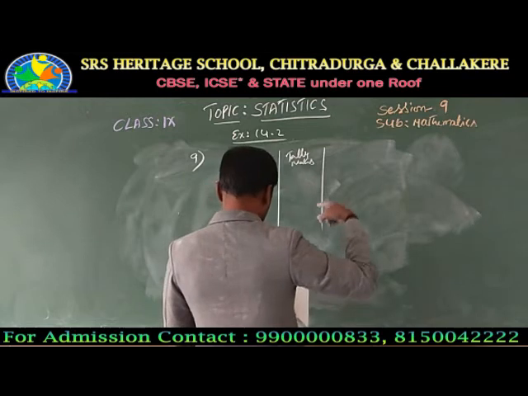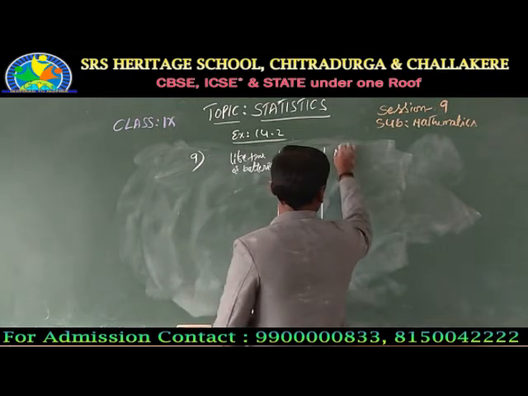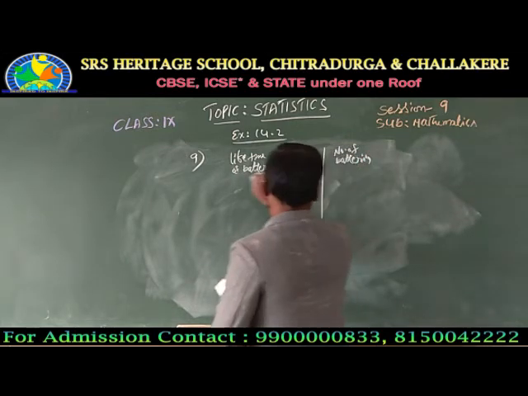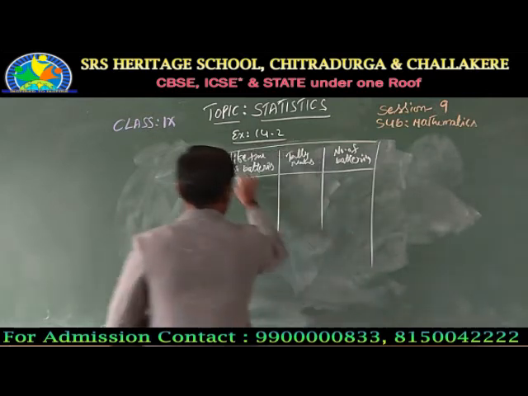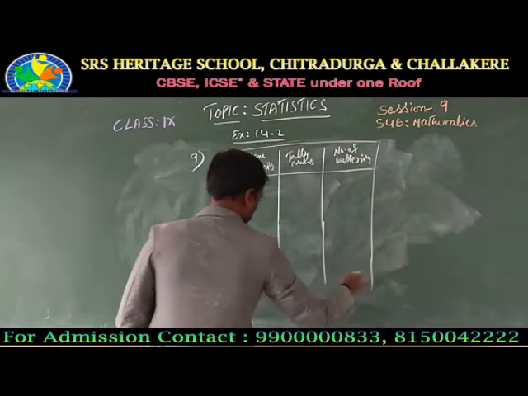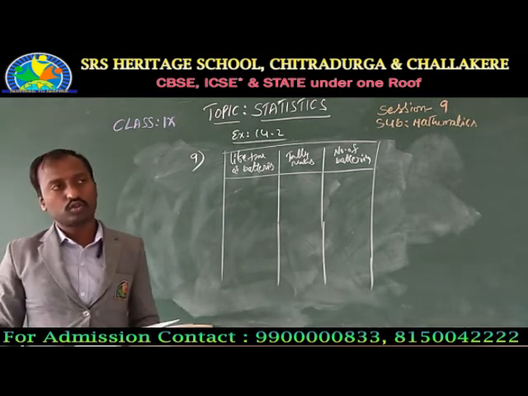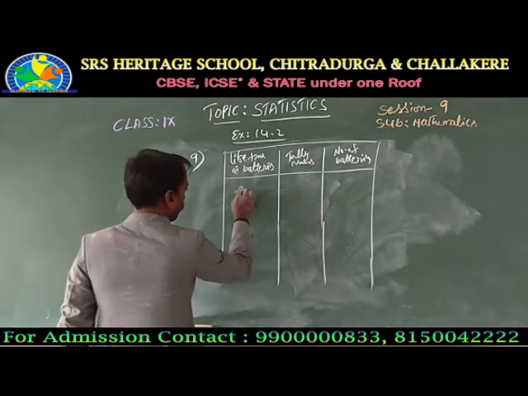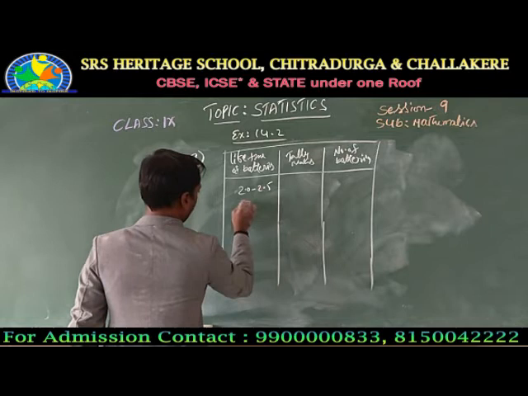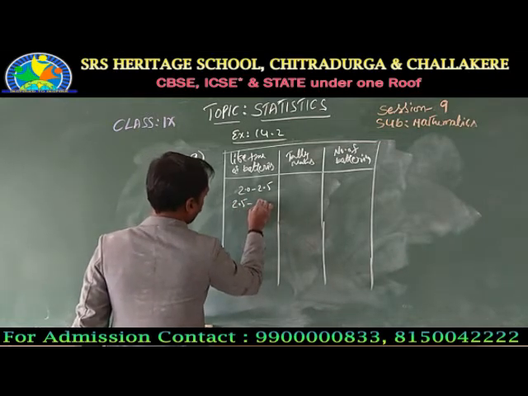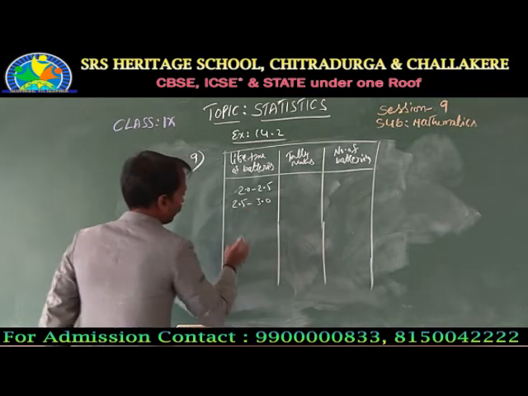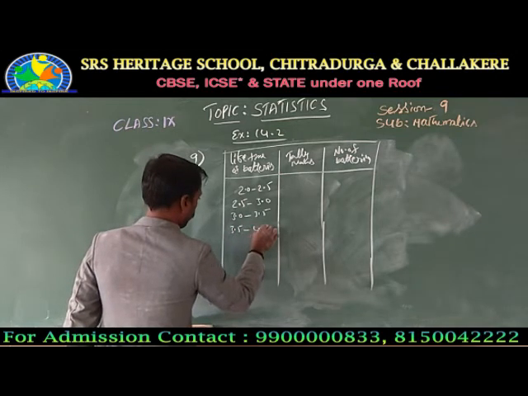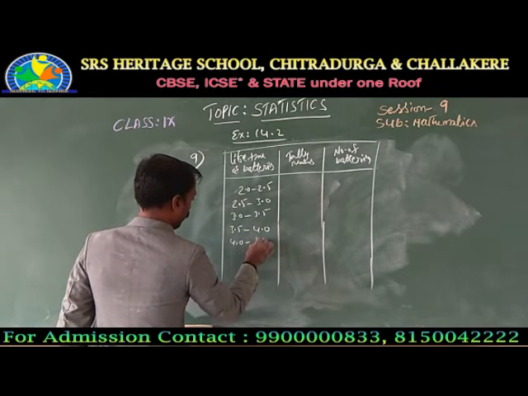So what is the condition given? 2 to 2.5, the size of the class is 0.5 itself. 2 to 2.5, 2.5 to 3, then 3 to 3.5, 3.5 to 4, 4 to 4.5.